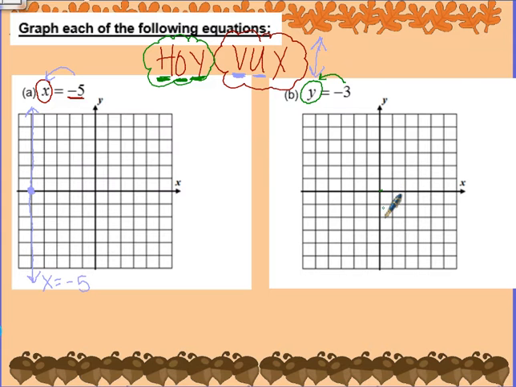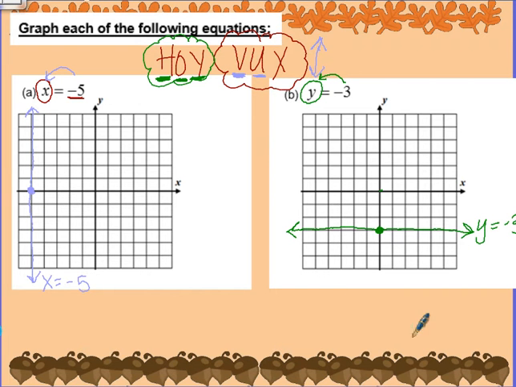So I start at the origin, -3 would be down here. And then, remember, my keyword reminds me to make a horizontal line. And horizontal goes like this. So I only need to make 1 point for these special lines, and then I know how my line should look. There you go. And we label it.